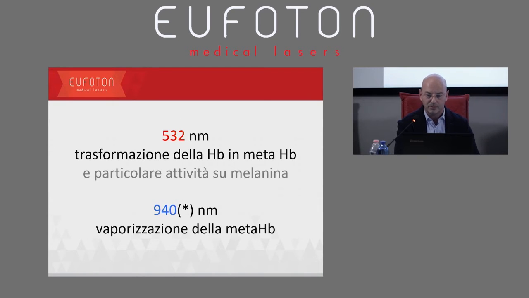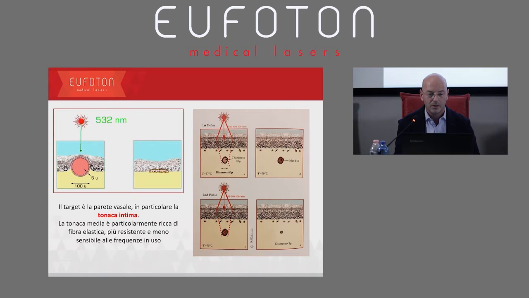Frequency 532 nanometers transforms hemoglobin into metahemoglobin, and it has a particular activity onto the melanin, whereas 940 hits blue chromophores, and that's what enables metahemoglobin vaporization.